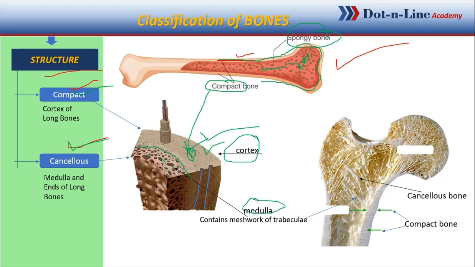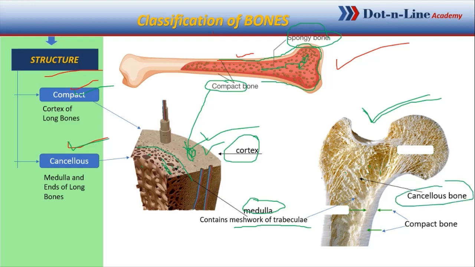So this network is called a meshwork of trabeculae. The hollow spaces and these things are trabeculae. It is a meshwork and hence forms a trabeculated structure. Whether it is a real bone's LS, longitudinal section, you can see that it has a lot of air, a lot of sponginess.